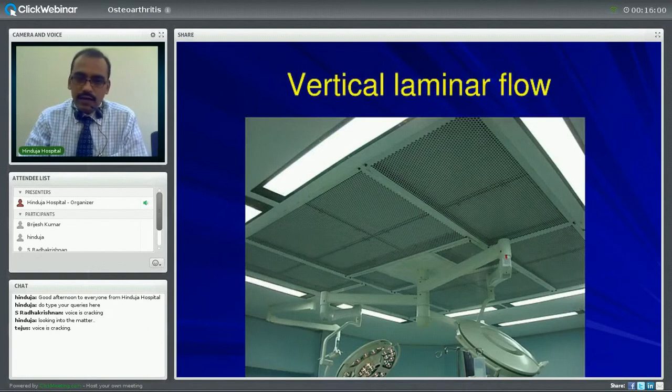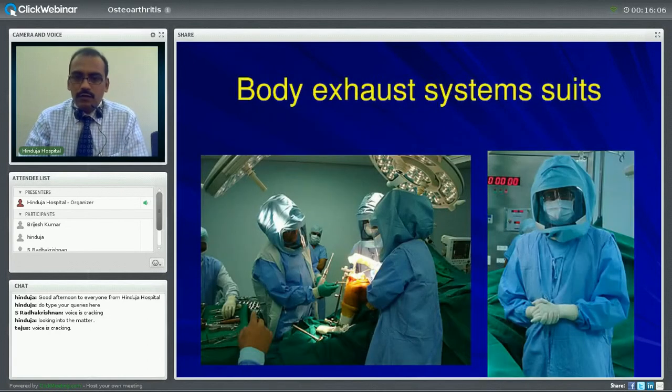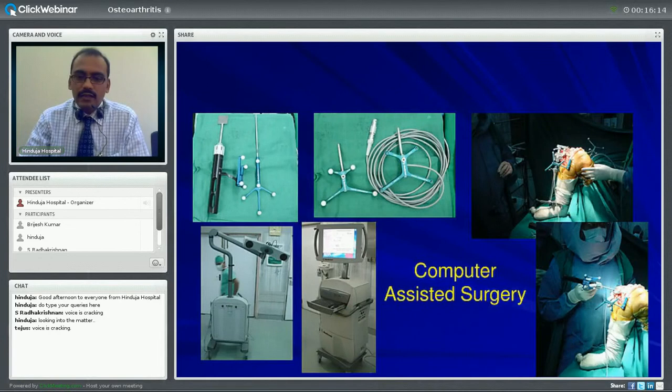We have this very elegant vertical laminar flow available in our operation theater. You need to have a body exhaust suit which helps in these kinds of surgeries, and computer-assisted navigation, which helps in making decisions regarding deformity correction, other than manual navigation.